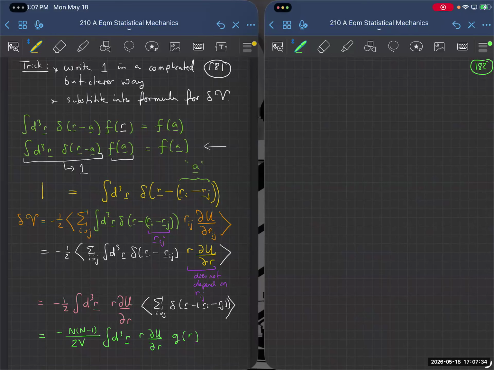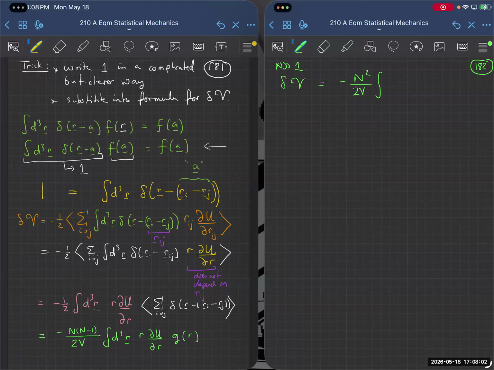Excuse me, sorry, I'm allergic to neat algebraic derivations. So n is always going to be very much larger than 1. Therefore, I've just derived for you that delta V is basically minus n squared over 2V times the integral d3r, r du by dr g of r.